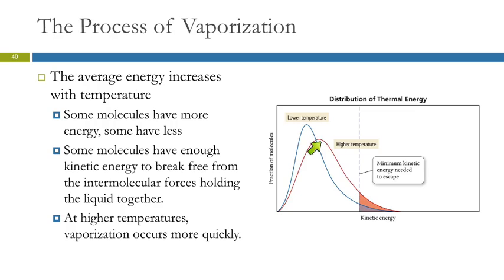If we increase the temperature, we increase the average kinetic energy of the molecules, and this curve also starts to spread out. What we've done here on the graph is drawn a dotted line to represent the minimum kinetic energy needed to escape. Okay, so there's some minimum amount of energy needed to escape, and shaded here are the particles that are at that or above. Those can escape if they get to the surface.